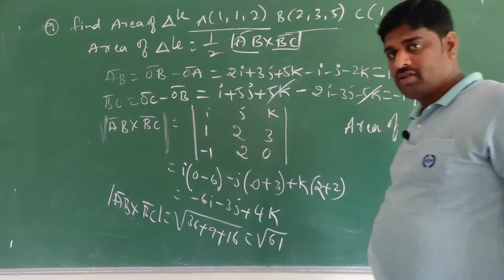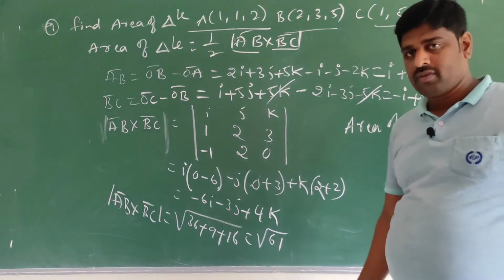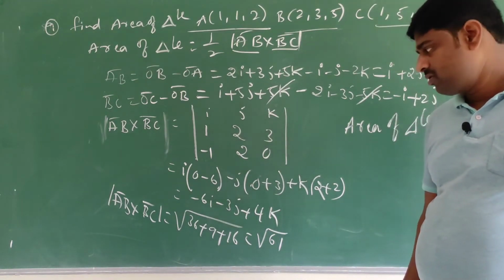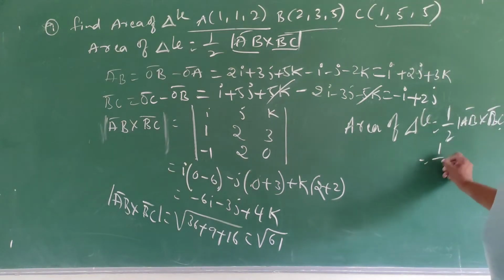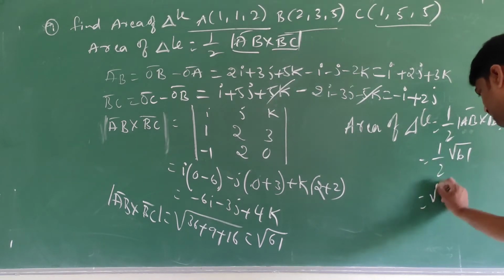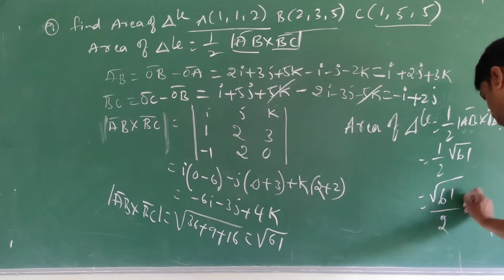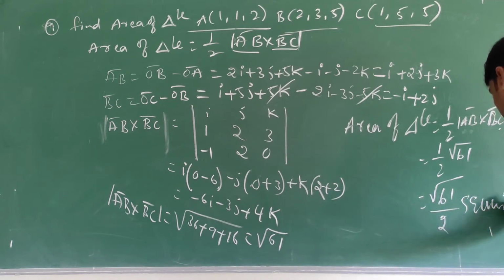The magnitude of AB bar cross BC bar is square root of 61. That is square root of 61 by 2 square units. This is the solution for problem number 9.